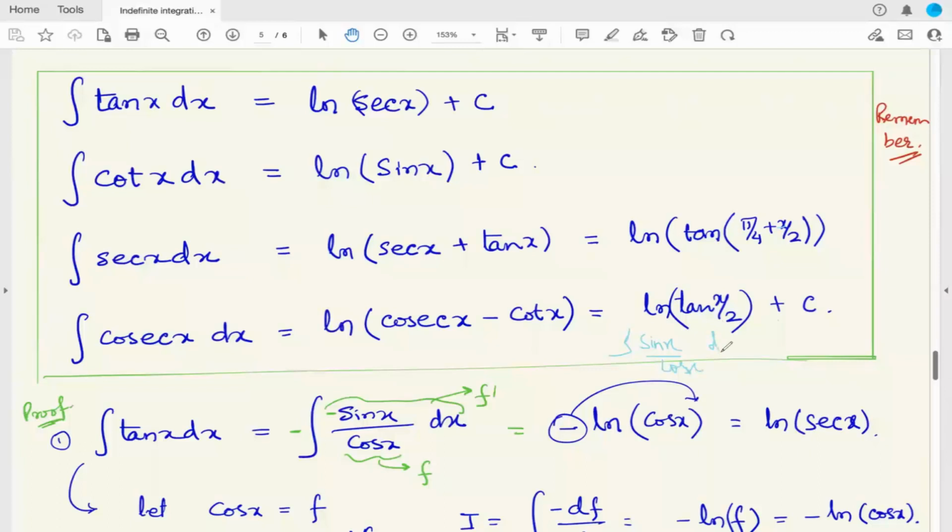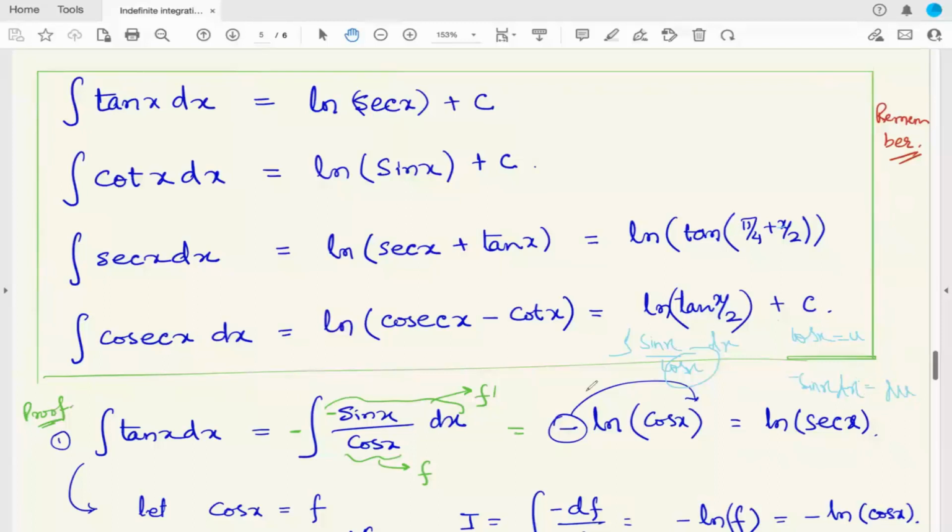Sin x by cos x dx. And if we substitute this cos x as t or whatever I want, cos x as t or u, let me substitute u, you can substitute any variable. So the differentiation of cos x is minus sin x dx, which is equal to du.